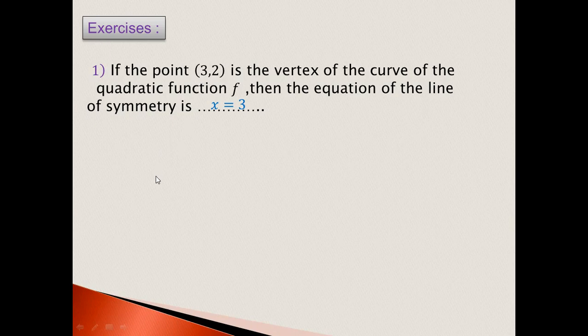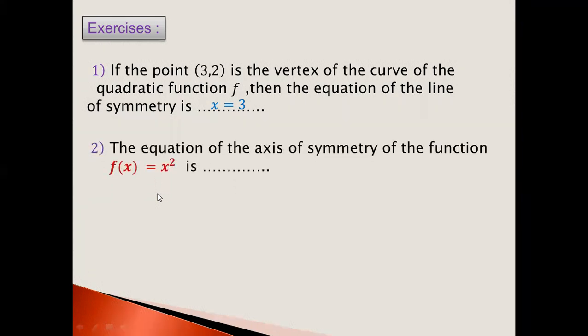It's not 2. Sorry. Number 2, the equation of the axis of symmetry of the function f of x equals x power 2. According to the rule, we can find the equation of the line of symmetry, x equals negative b over 2a.